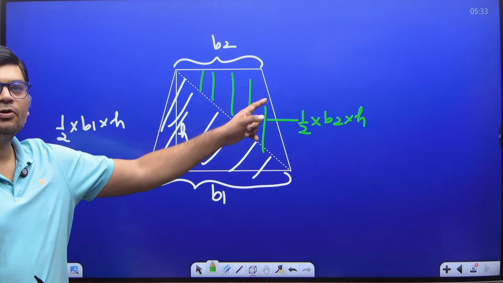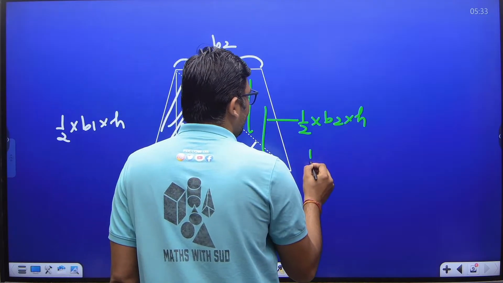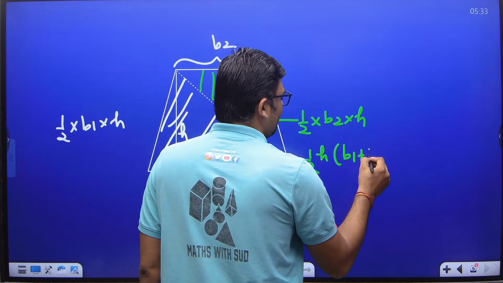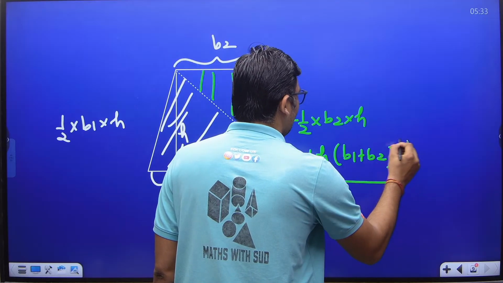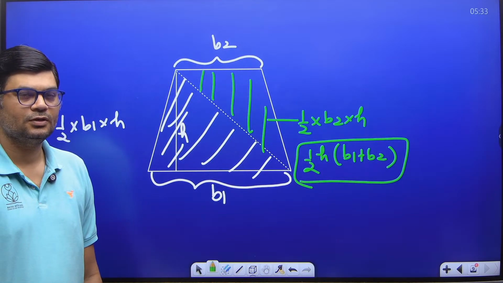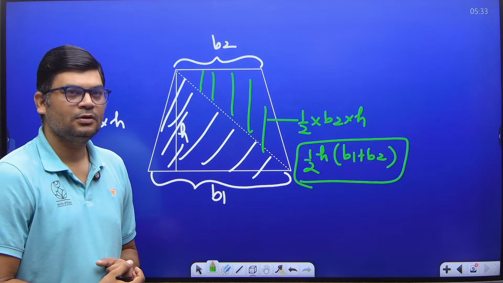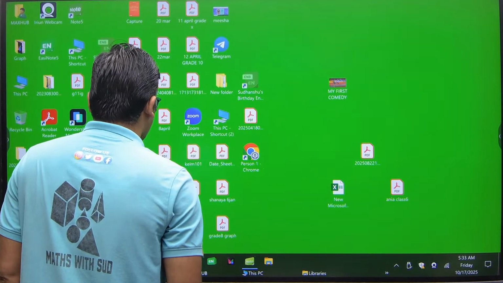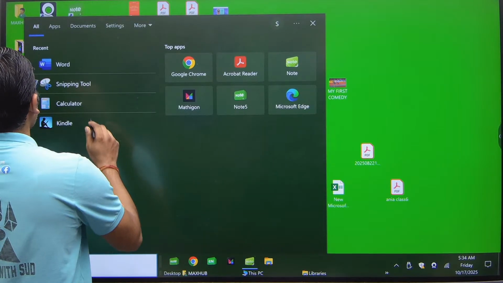So what will be the total area? You can take half and h common, and in the bracket you will have b1 plus b2. So this is the formula for a trapezoid. Are you getting it? Now the question that you have shown me has multiple shapes.